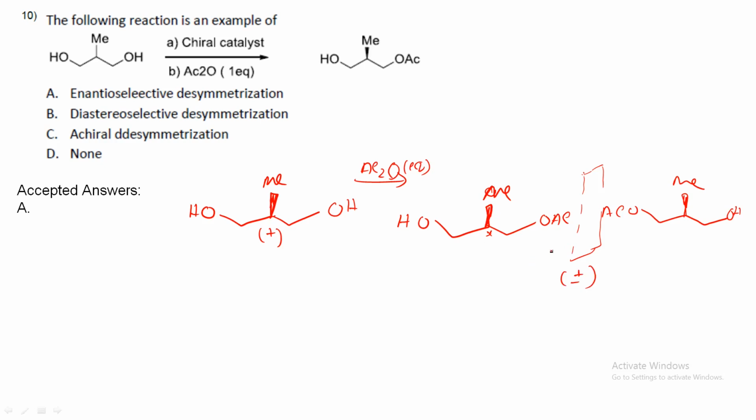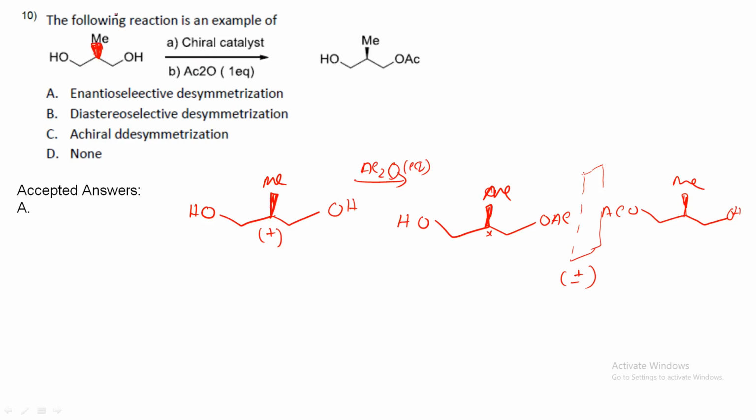Again, the same thing would happen if we do not use the chiral catalyst. So to retain the stereochemistry, if we do not use a chiral catalyst here and do the protection with acetic anhydride, this chiral molecule would be racemized without touching the chiral center.